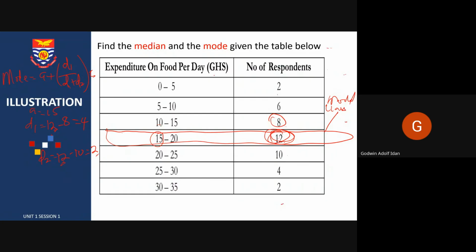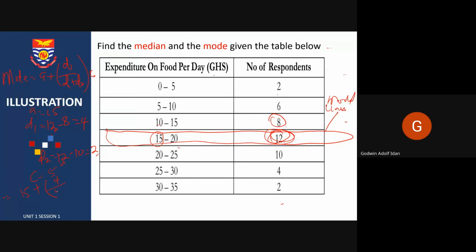Then once you have this, our C again is the difference between the upper boundary and the lower boundary of the modal class. So we still have 20 minus 15, which gives us 5. So once you have these values, your mode is now going to be equal to A, which is 15, plus D1, which we have as 4, over D1 plus D2.